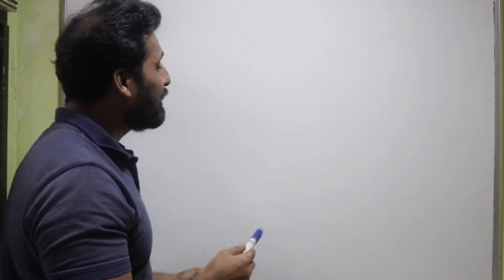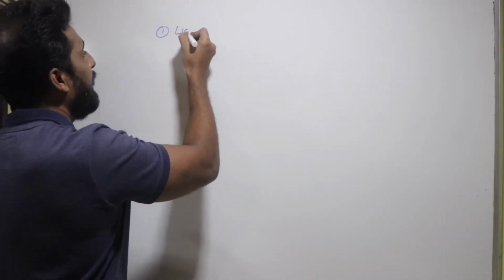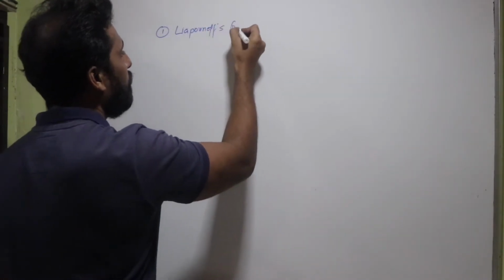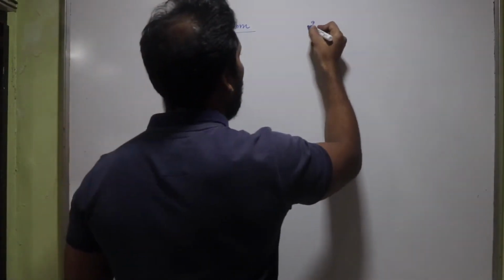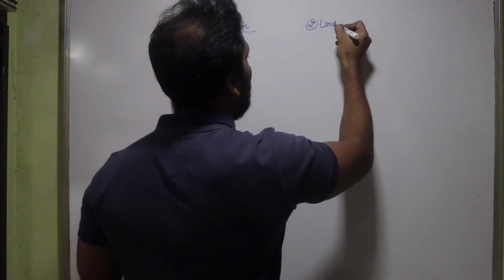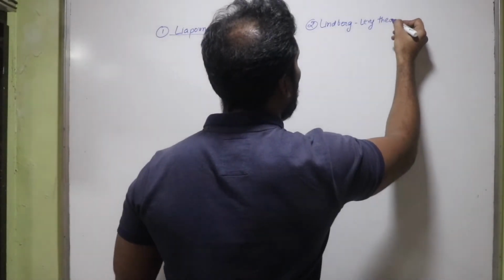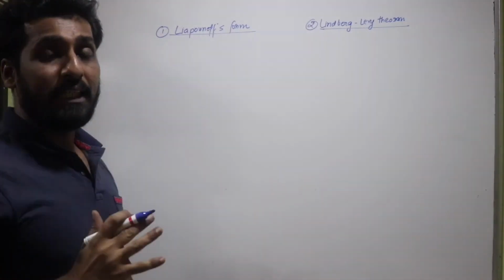The first form is called Lyapunov's form, and the second form is called the Lindeberg-Levy theorem. These are the two different forms that we want to understand for the central limit theorem.